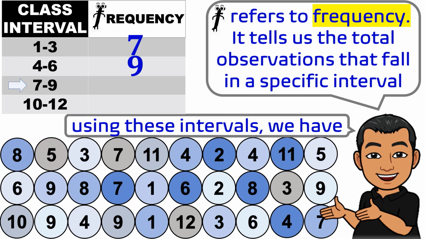On the next interval, we have 1, 2, 3, 4, 5, 6, 7, 8, 9, and 10 as its frequency. And finally, for the last class interval, we have 1, 2, 3, 4 as the frequency.